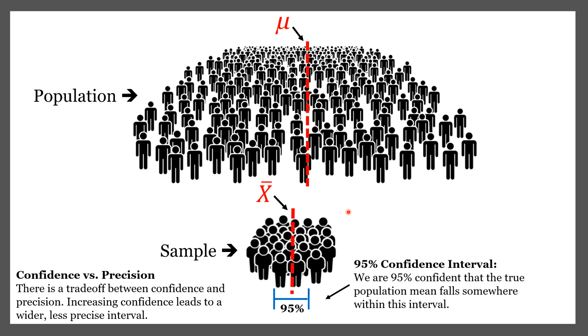Now, what we can do is we can add a confidence interval that is centered on x bar. And if, for example, we have a 95% confidence interval, then what we're saying is that we are 95% confident that the true population mean falls somewhere within this interval of values.